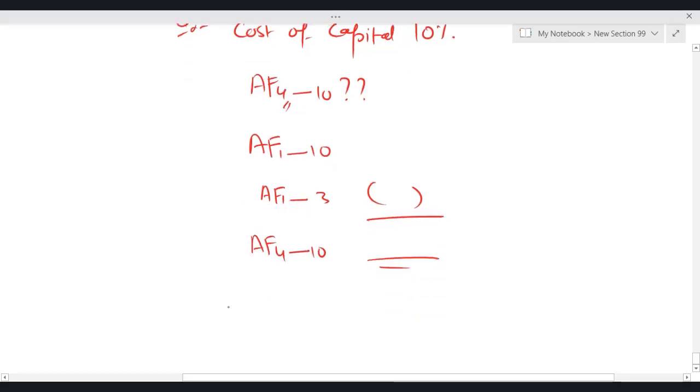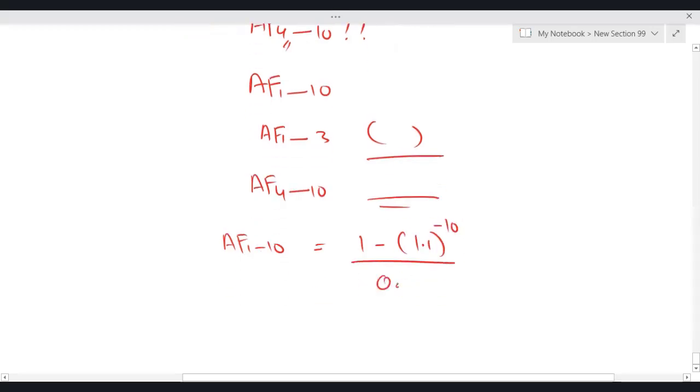So let's see. Annuity factor for the first 10 years: 1 minus 1.1 to the power minus 10, divided by 0.1. Let's see what we are getting.